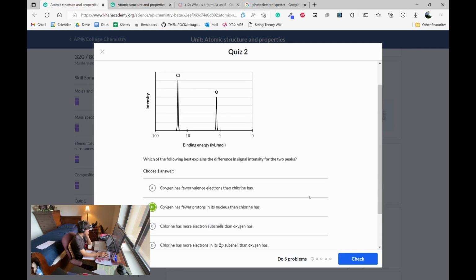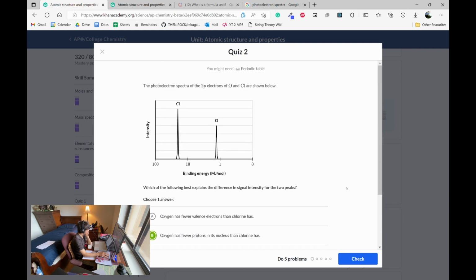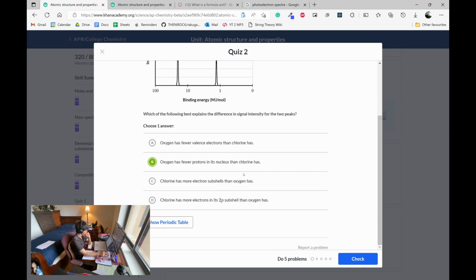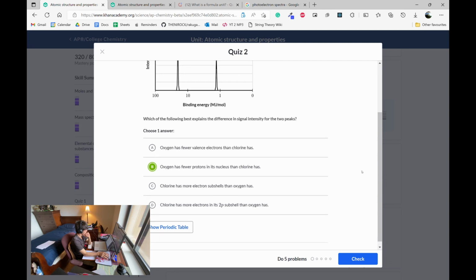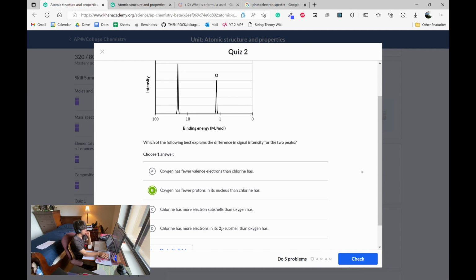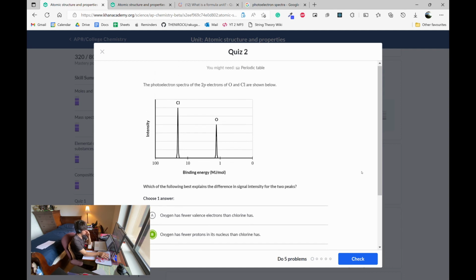That would explain it. Because then there's less energy binding, like there's less positive charge for each electron. Chlorine has more electron subshells than oxygen.